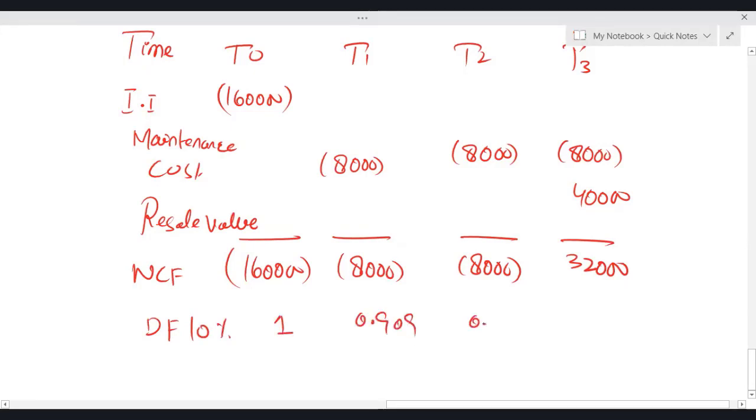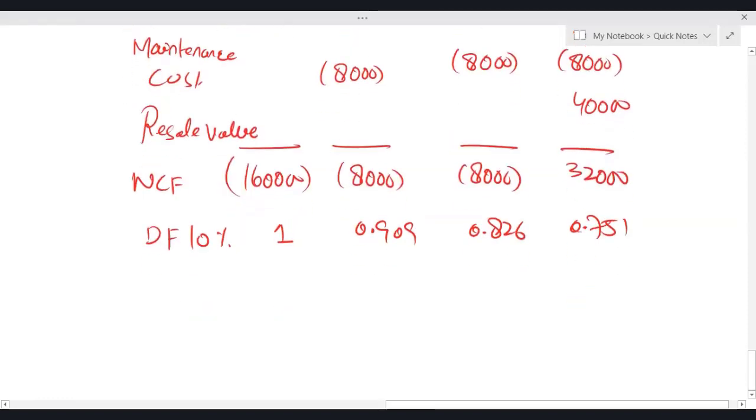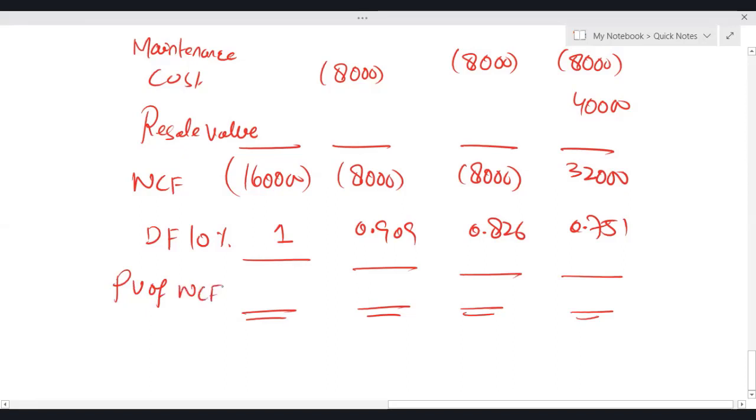$1.909, 0.826, 751. Present value of net cash flows. 8,000 into 0.909. $32,000.